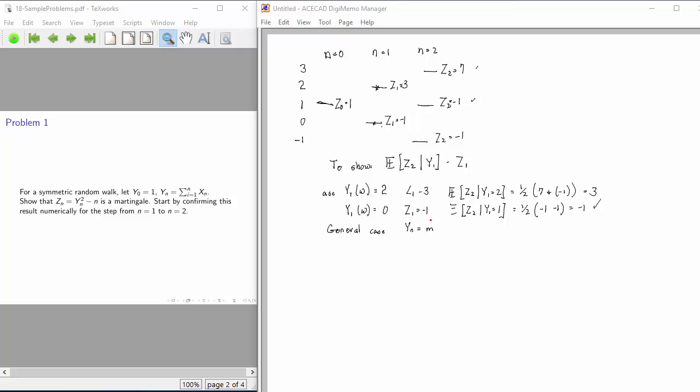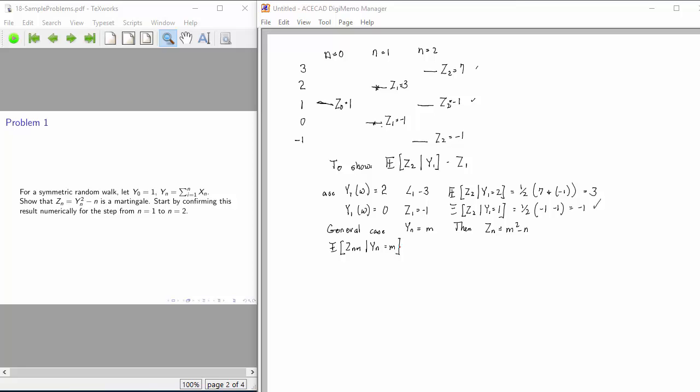Let's suppose that yn has a value that we'll call m, and in that case z sub n, of course, will equal m squared minus n. And now I have to work out the expectation of z sub n plus 1 conditioned on yn being equal to m.